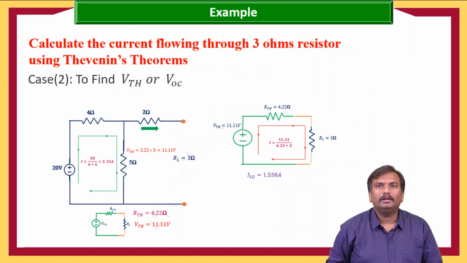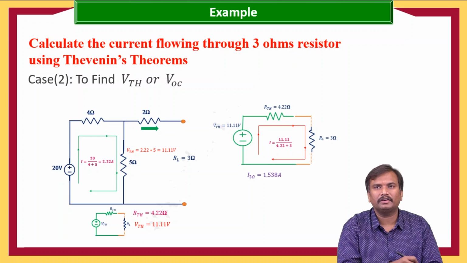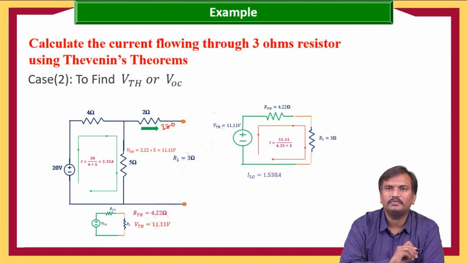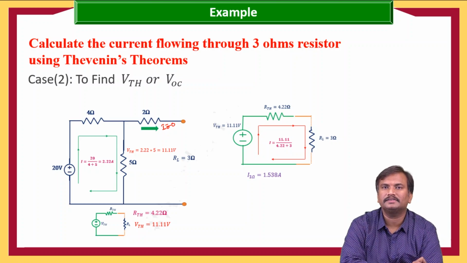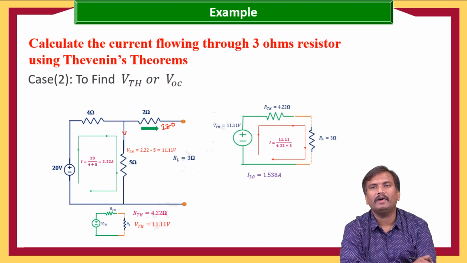Now in order to calculate the VTH, the circuit is open circuited, and we need to calculate the open circuit voltage. Here the current flowing through 2 ohms is 0. So the VTH is nothing but the voltage across the 5 ohm resistance. VTH is equal to the current flowing through 5 ohms into that resistance value.